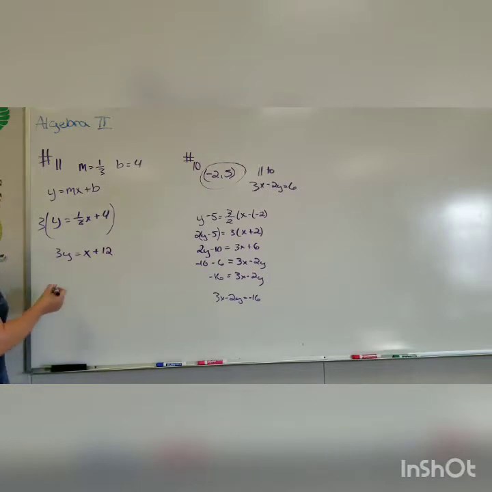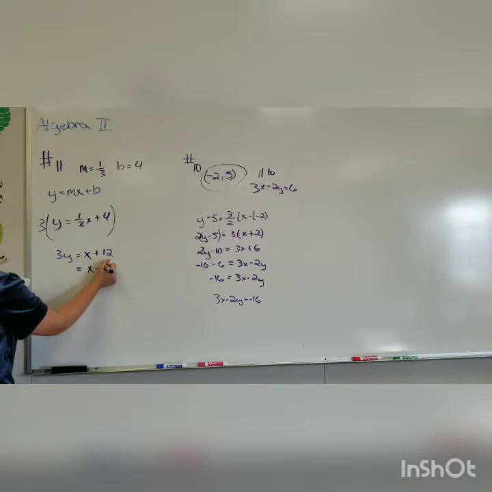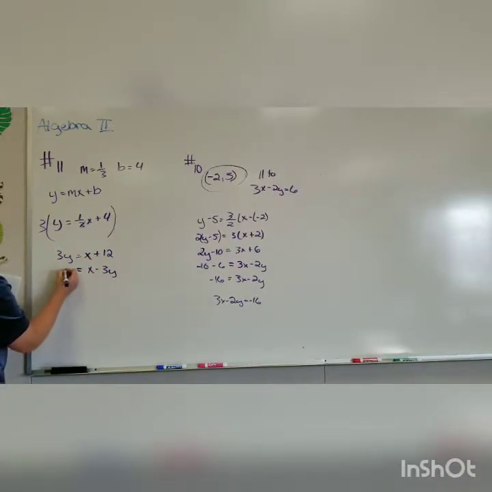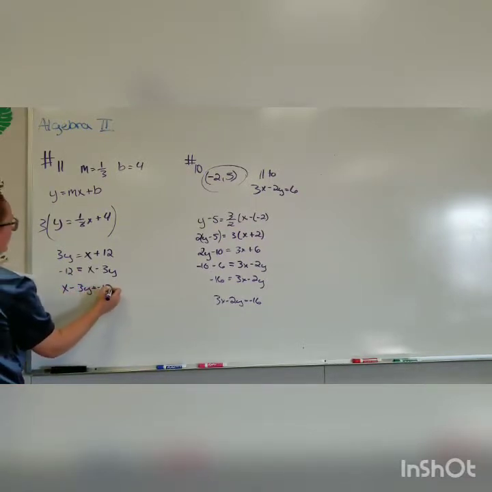All right, so to put it in standard form, x and y have to be put together on one side. In this equation, x is positive right here. We're going to move 3y over there with it, so it's going to be a negative 3y. And the 12 is going to move to this side, negative 12. So in standard form, x minus 3y equals negative 12.